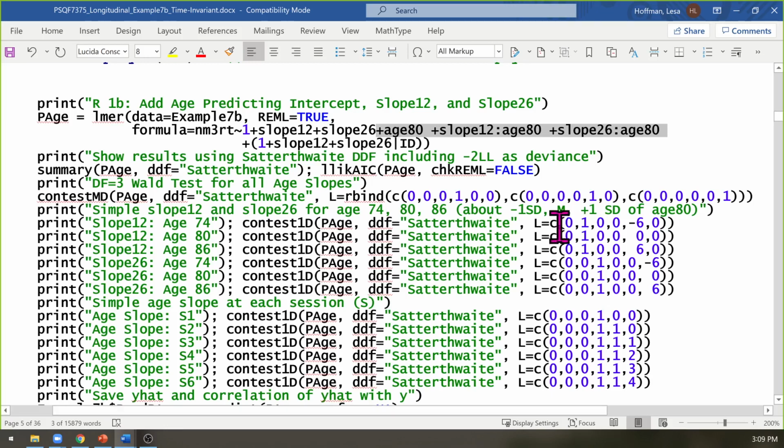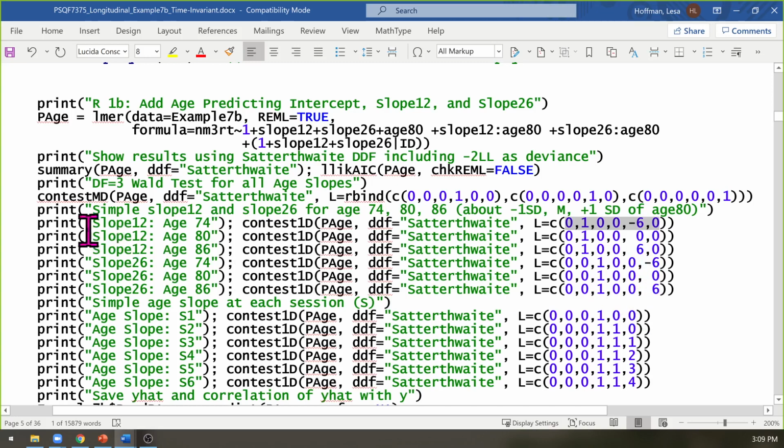So the order of the values that corresponds here is based on the resulting order of the fixed effects in your output, not what you said is the order. I know. But the values themselves correspond to slope 1, 2 for this set, slope 1, 2, 6 for this set, and then the first interaction term, and then the second interaction term.